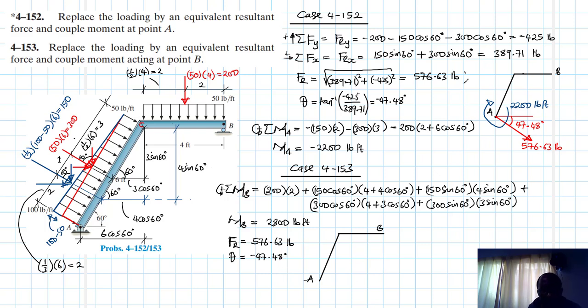All right. So the angle, like we had said, the resultant in the y direction is negative 425, and we had the positive horizontal component. Therefore, you expect the resultant to be like that, right?